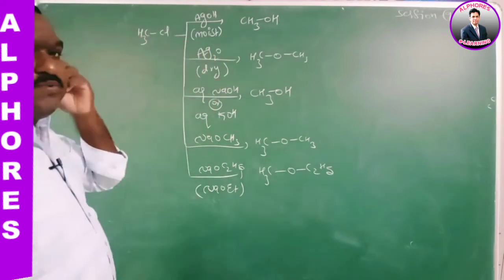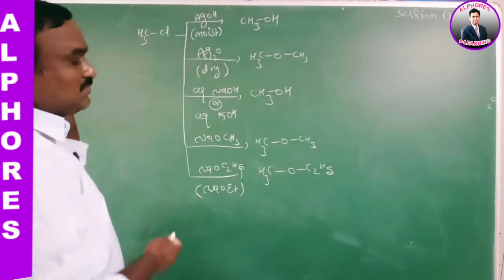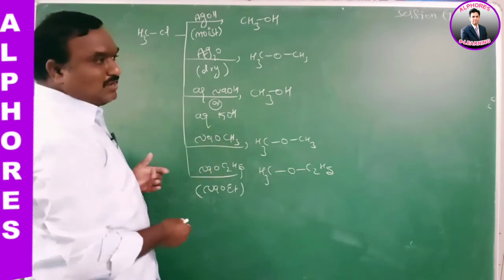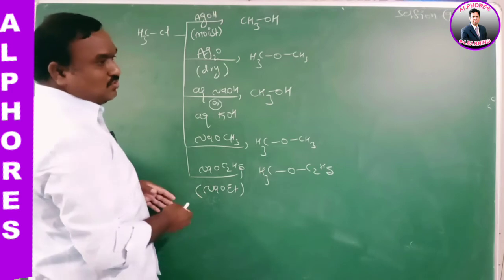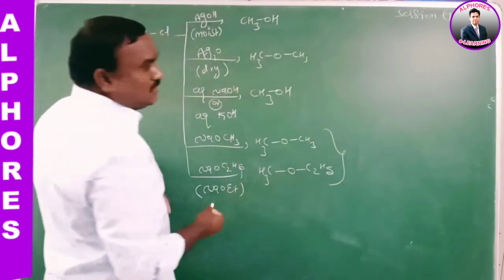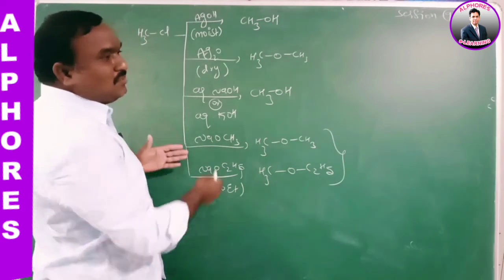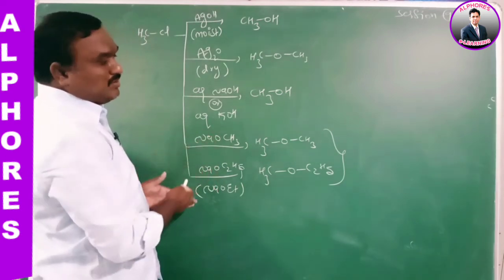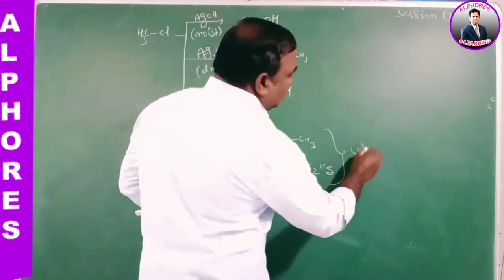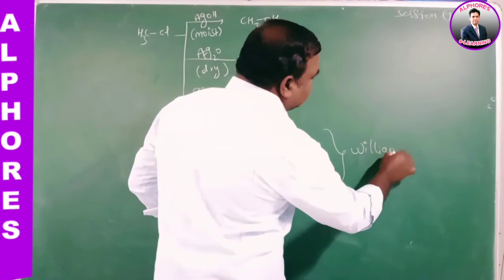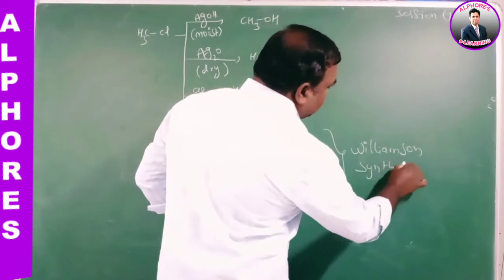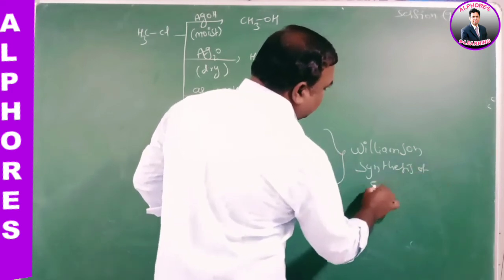This is one type of ether preparation. Alkyl halide compounds react with alkoxides, sodium alkoxide or potassium alkoxide, to form ethers. This is generally called the Williamson synthesis of ethers.